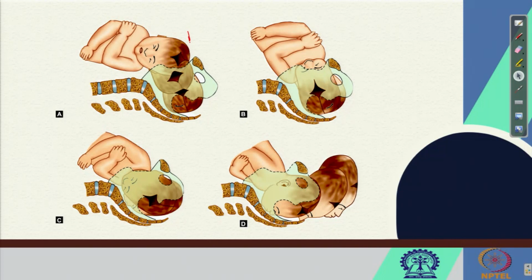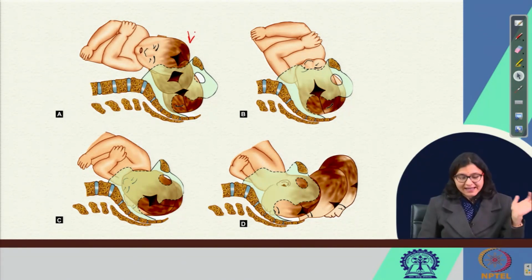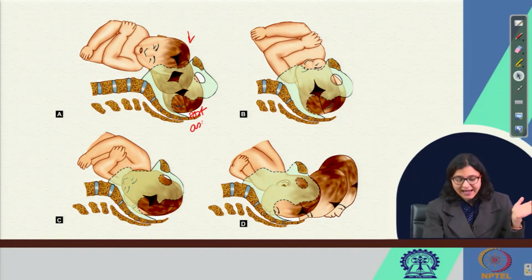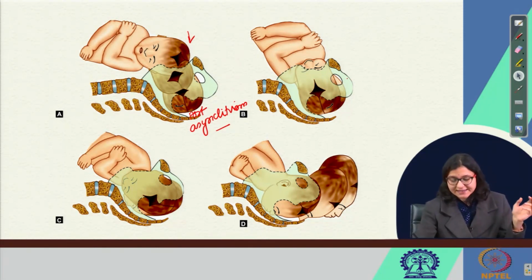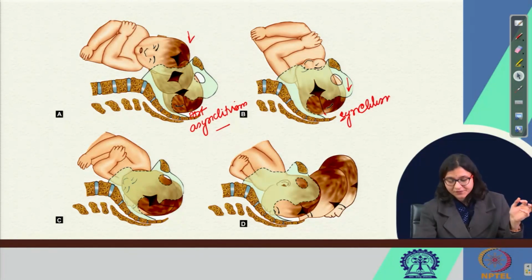Here first engagement is taking place, and see the engagement is taking place in posterior asynclitism position, right. Then it will be corrected as the fetal head is descending, the posterior asynclitism is corrected, and the head is now in synclitism position.